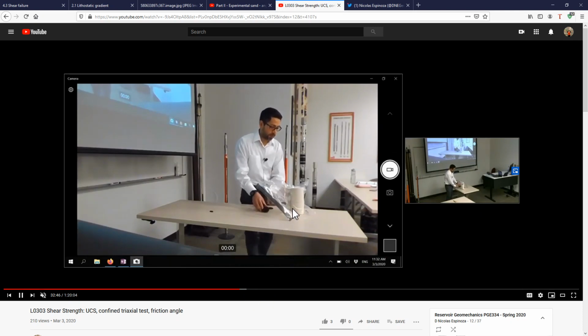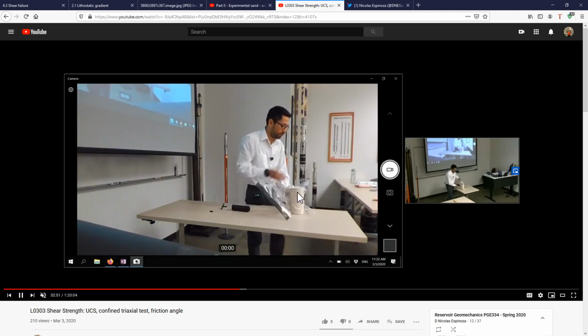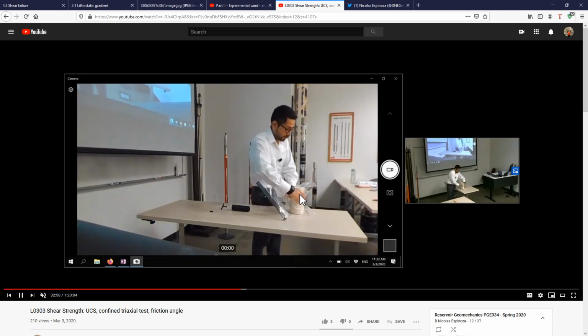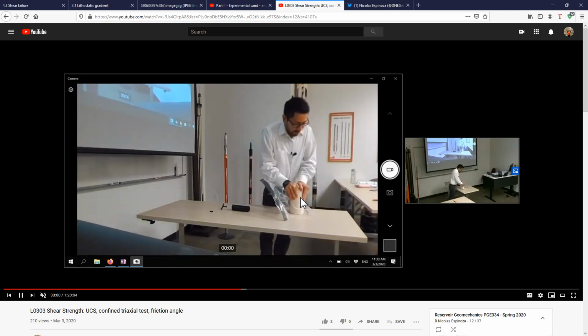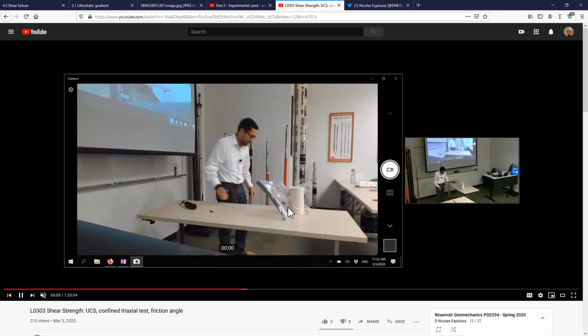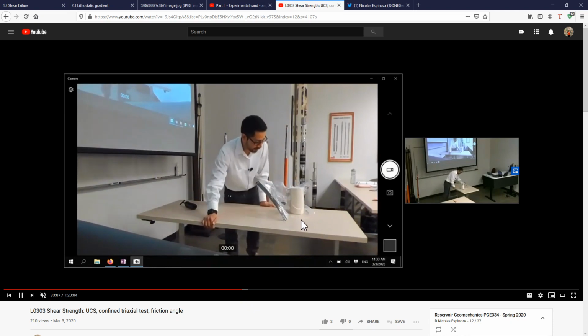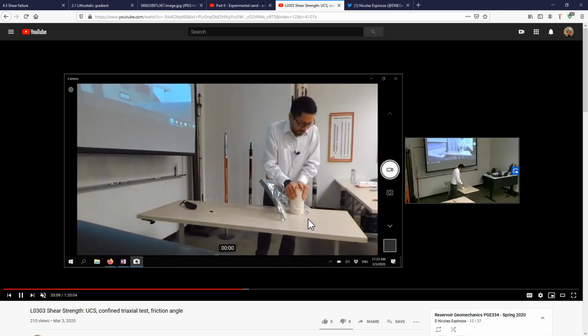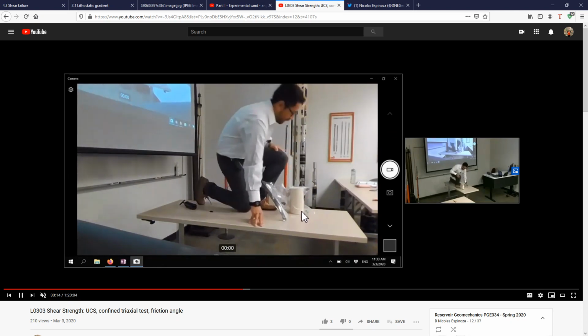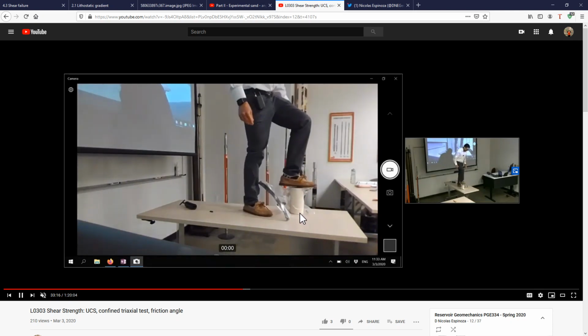And after I do that, hopefully you can see how now the plastic bag attaches very nicely to the rock, and now actually it gets pretty strong, so strong that I can even go onto the table and stand up on top of the rock, and this is not going to move. Why? Because of the frictional strength between the surfaces of the rock.